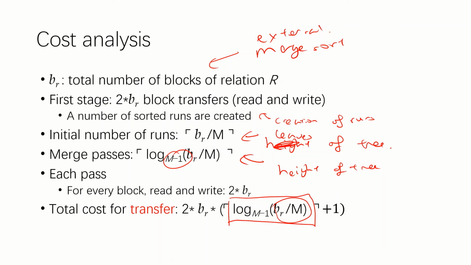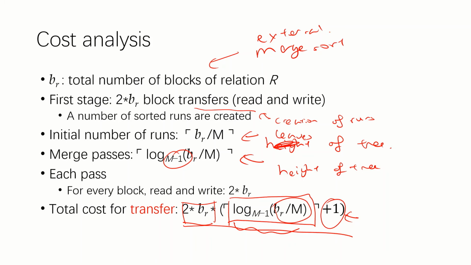And we're going to have the 1 here, which is the initial run creation. So in total it will be the height multiplied by this, which is both the read and write, plus the initial run creation, which is 2 times BR. So the total cost is the following.